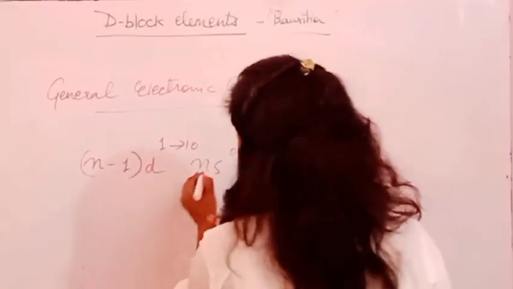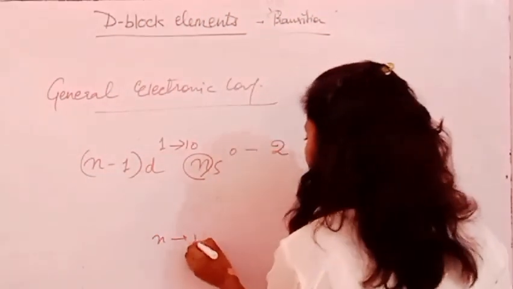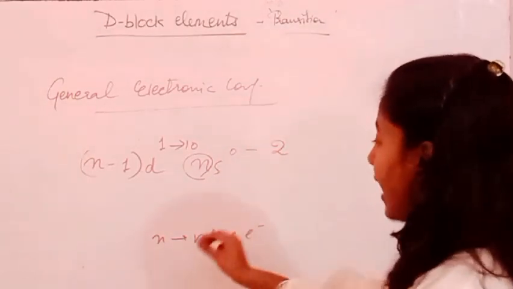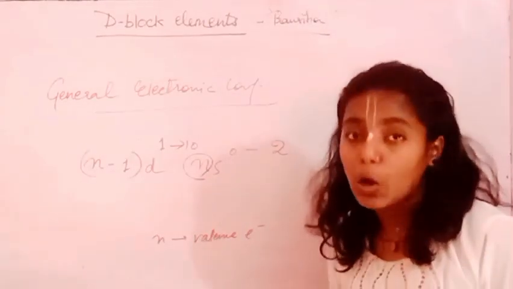Now see, we know n is your valence shell, or your outermost shell.